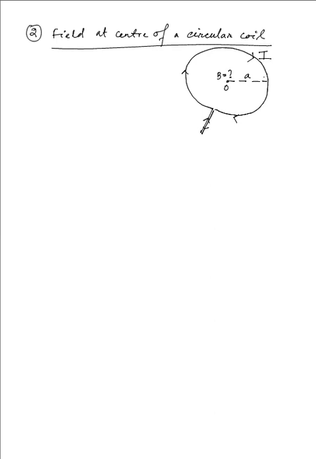We consider a small element to apply the Biot-Savart's law. The element here is dl, and as you know, it is directed along the direction of current. Because it is a circular path, at this point it is directed tangentially, and that means with the position of the point considered, they will always remain at right angles to one another.